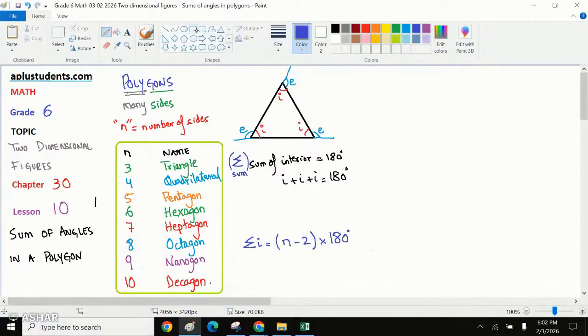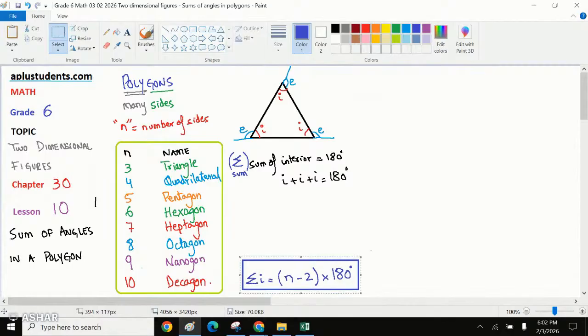This is a generalized formula to find the sum of interior angles of any polygon. Okay, we will confirm it for a triangle. In a triangle, we know that the number of sides is 3. If we need to find the sum of interior angles, can we say 3 minus 2 into 180? Because n would be replaced by the number of sides.